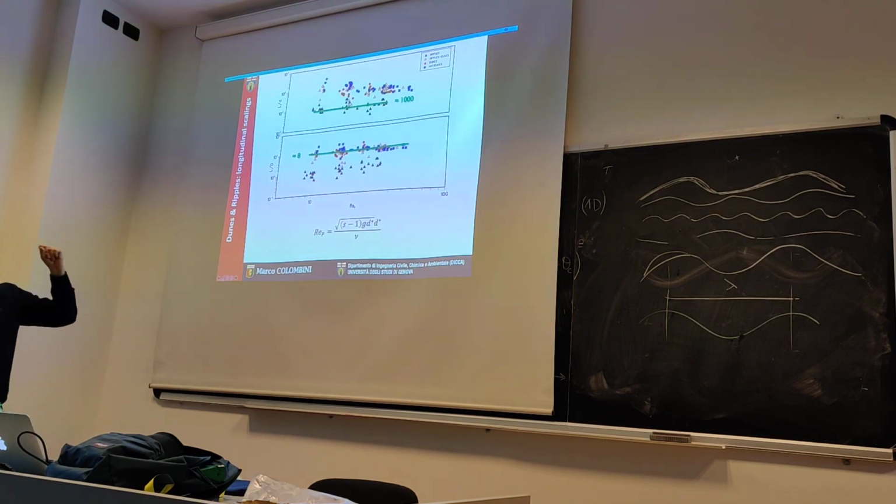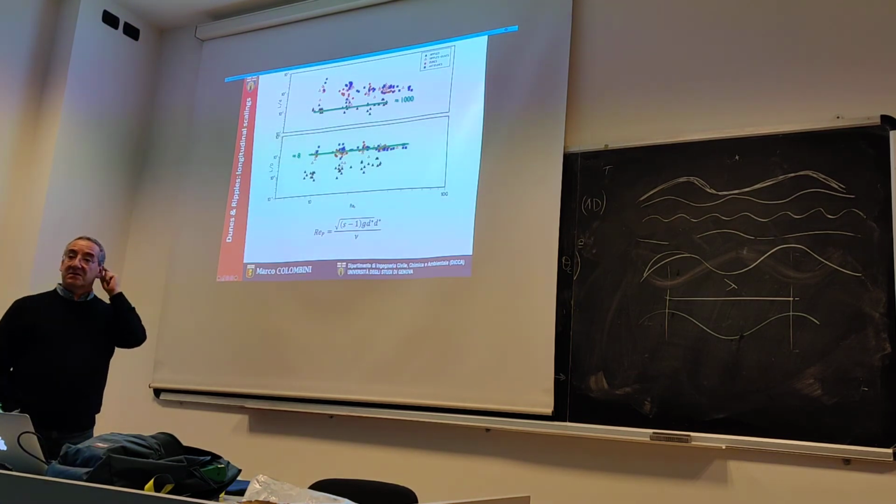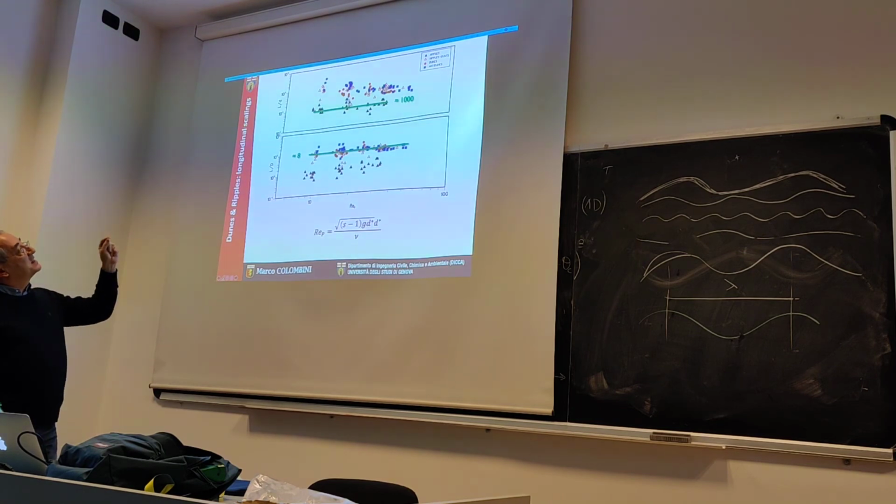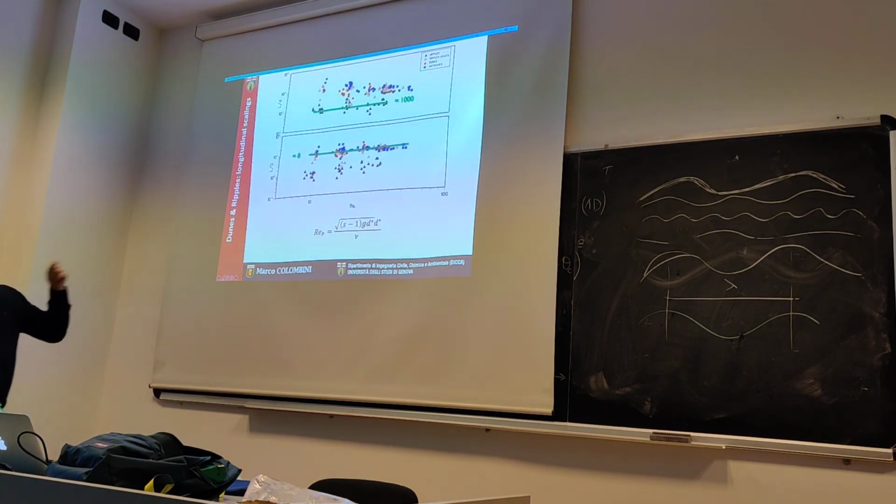So it's not correct to say that the wavelength is the same order of magnitude as the grain size. This is not true. But it's true that they relate much better to the grain size than to the flow depth.